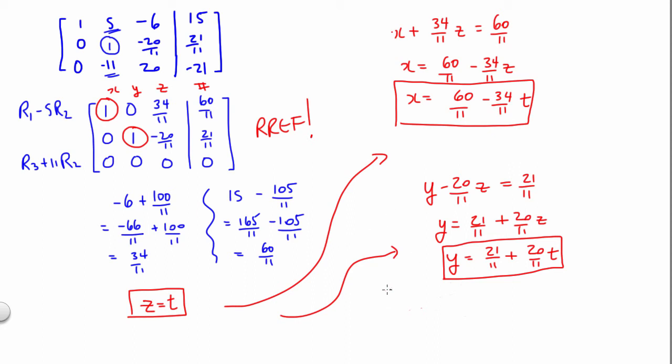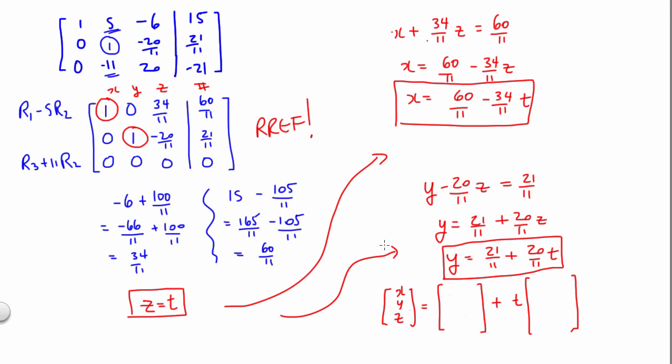So let's write up our answer in vector form. x, y, z is going to equal the constant part of each variable plus t times this vector here, which represents our coefficients of t.